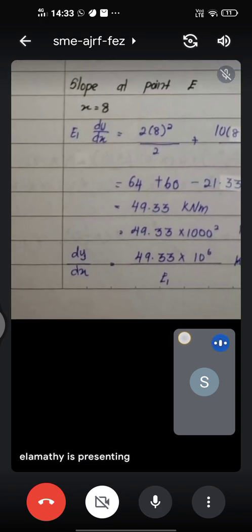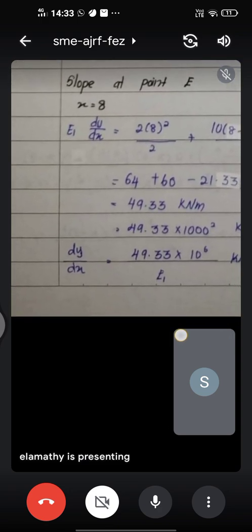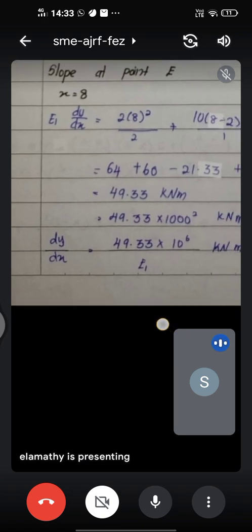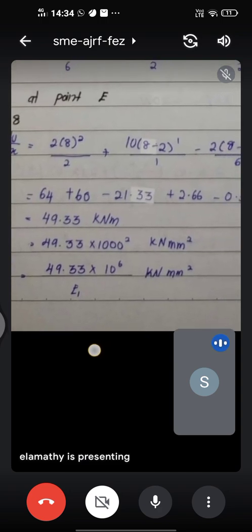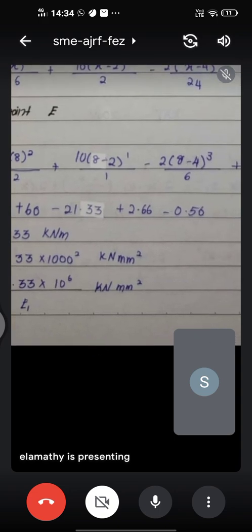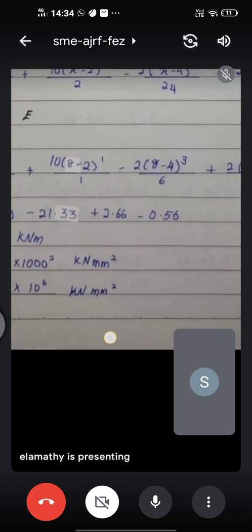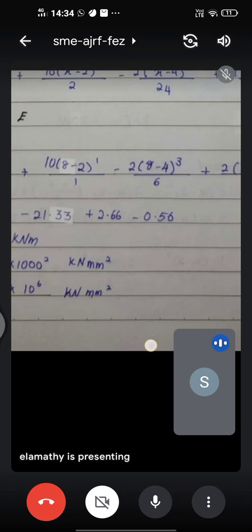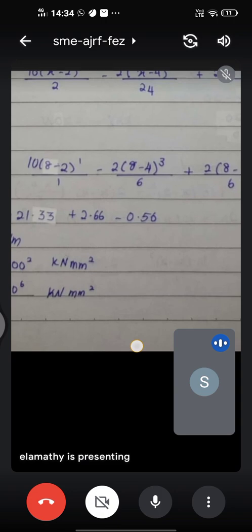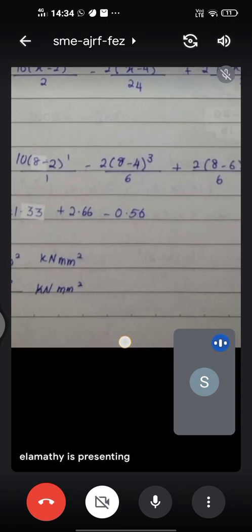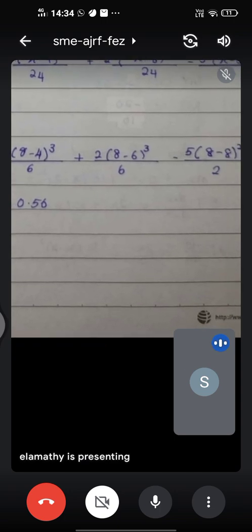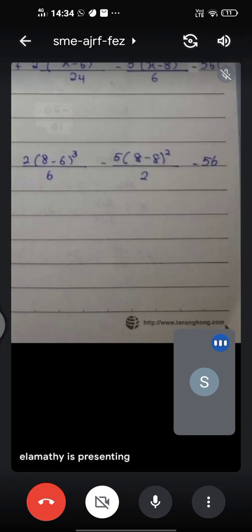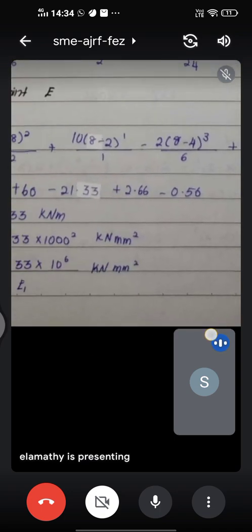Slope at point E, x equals 8, so dy over dx equals 2 times 8 power of 2 over 2, then plus 8 times 10 times 8 negative 2 power of 1 over 1, then negative 2 times 8 minus 4 power of 3 over 6, then plus 2 times 8 minus 6 power of 3 over 6 minus 5 open bracket 8 minus 8 power of 2 close bracket minus 56.